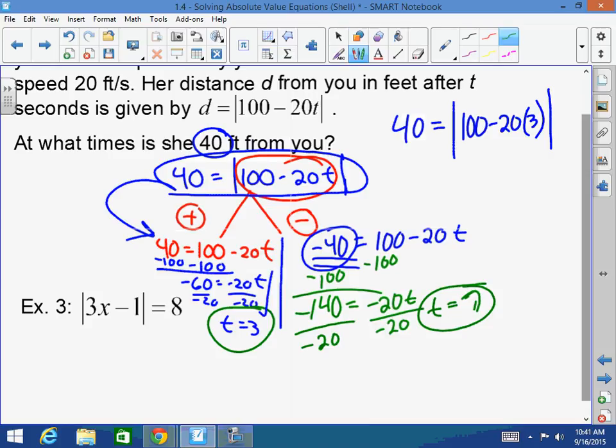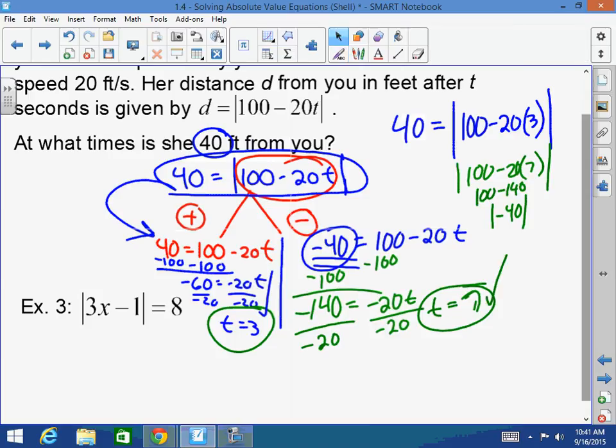How about for when it's 7? This would be 100 minus 20 times 7. That's 100 minus 140, which is negative 40. What's the absolute value of negative 40? 40 equals 40. They both work. Does that make sense, my brothers?